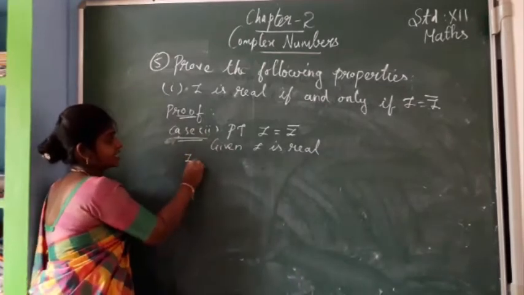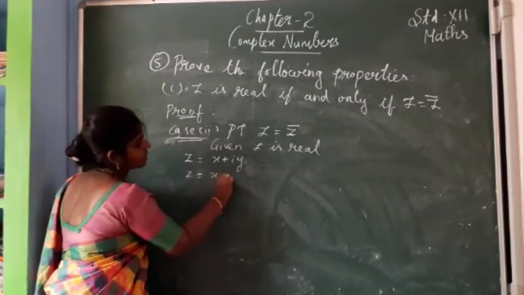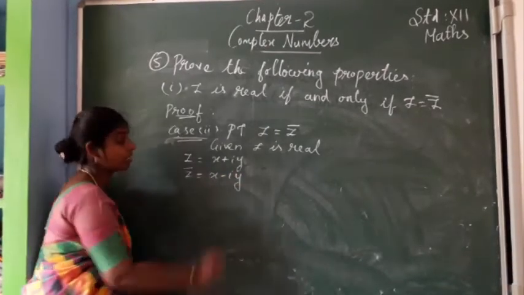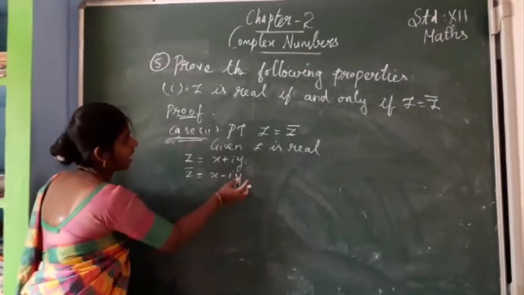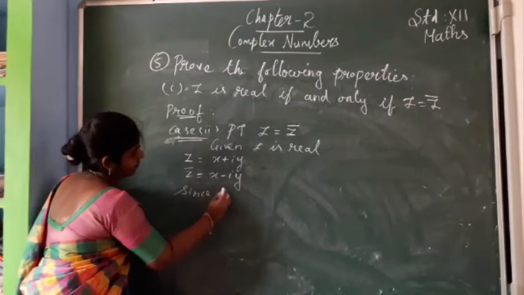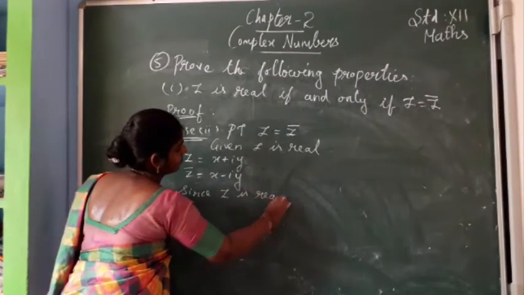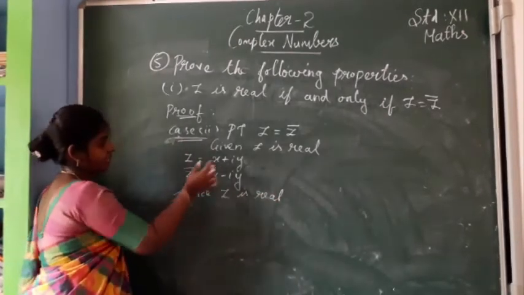So you know z equal to x plus iy and z bar equal to x minus iy. So z is real.